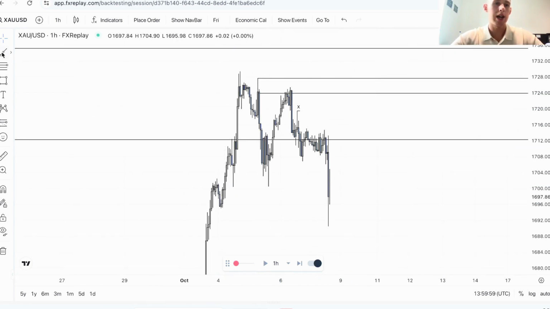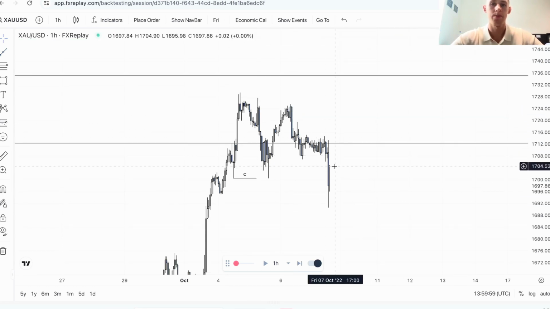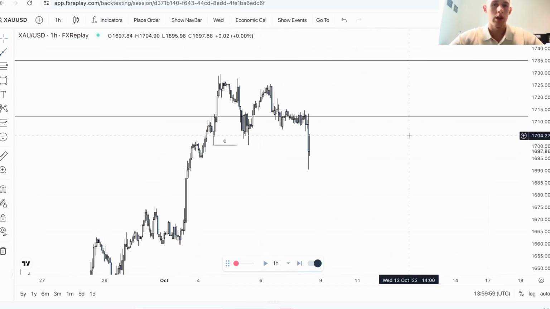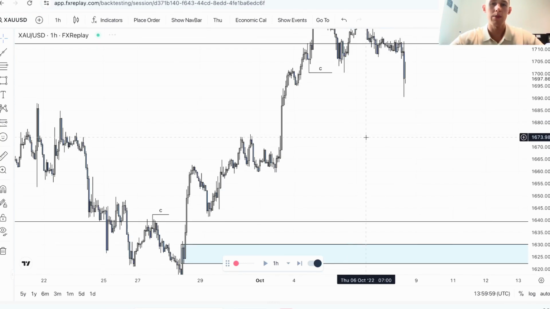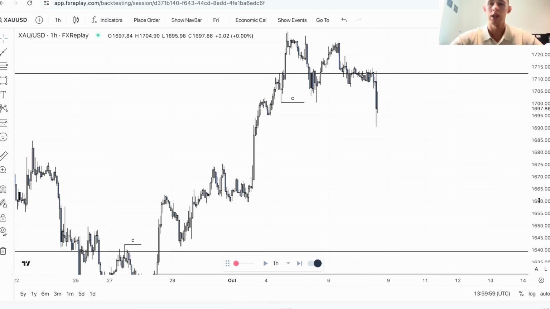And yeah, so now actually on the hourly time frame, we've seen a break of structure just here. So the hourly has now flipped bearish from the daily supply. So we're expecting price to come and target probably at least this low to take out some of these previous buyers.